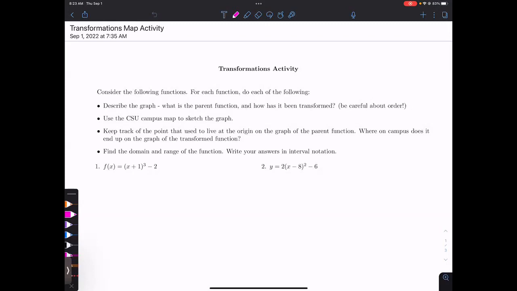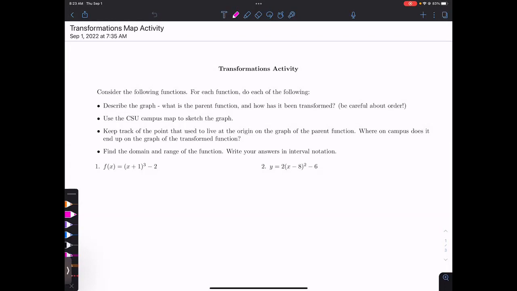The back has a map of campus with a set of axes laid over it, with a grid on it. So once you have done all of that, use the map of campus to sketch the graph. I brought a box of crayons, so feel free to use those, just give them back, because trying to draw on something like that with pencil is going to be hard to see.